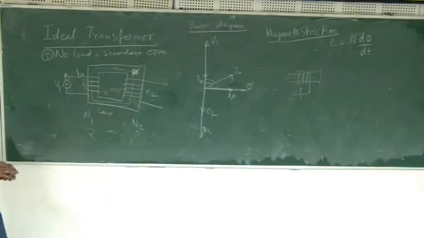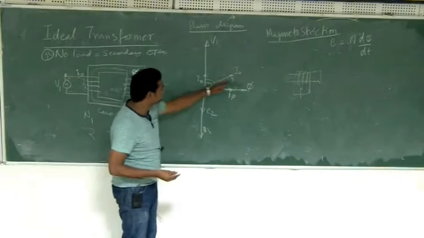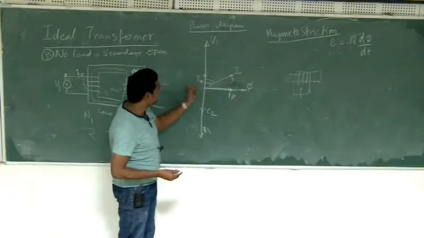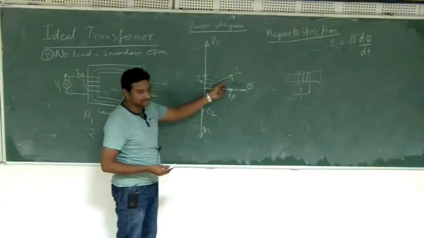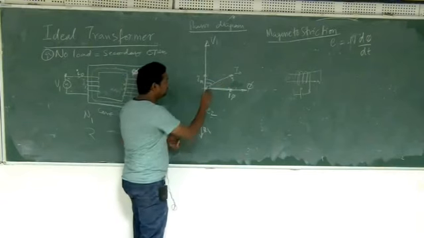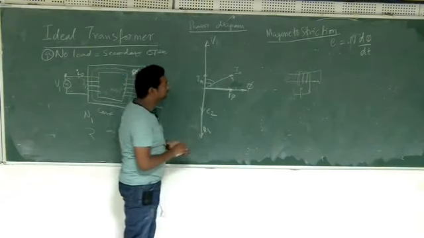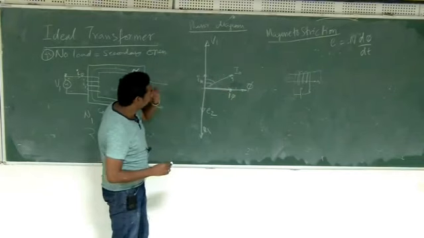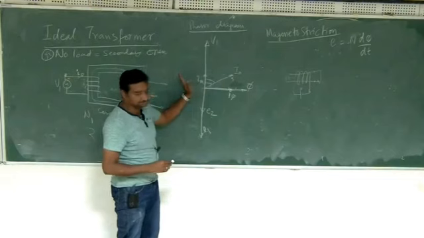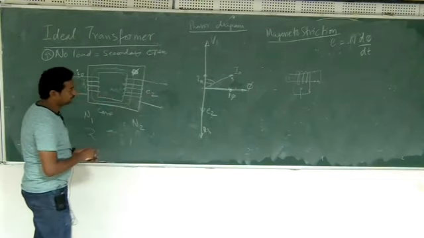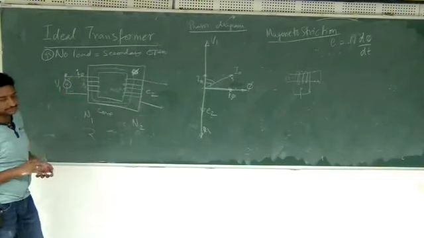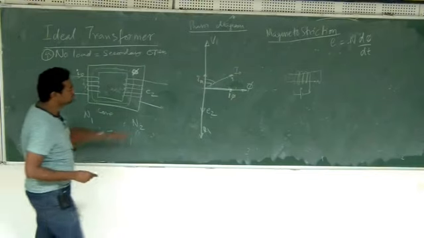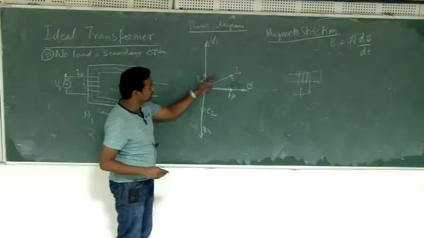Now this part is nothing but I0 into cos phi, because phi is here. Not that other phi, we'll get confused with that phi. So rest all is the same. Only two new vectors are added. One is this one, other is this one.